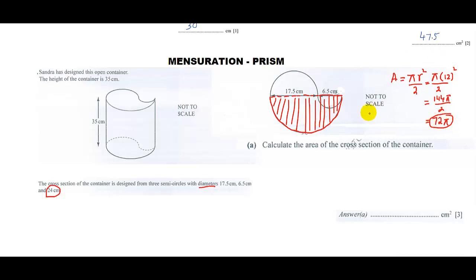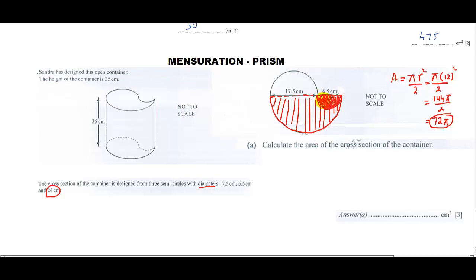Now we will subtract this area. We want to subtract this area from this big semicircle. So let's find the area of this small semicircle. Okay.